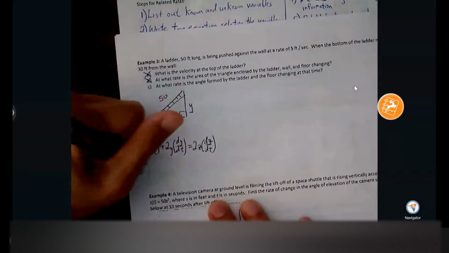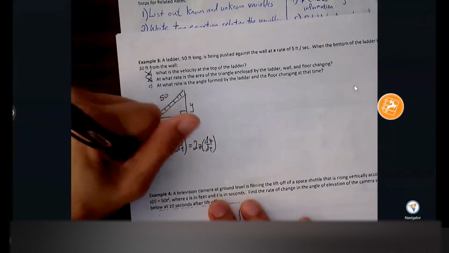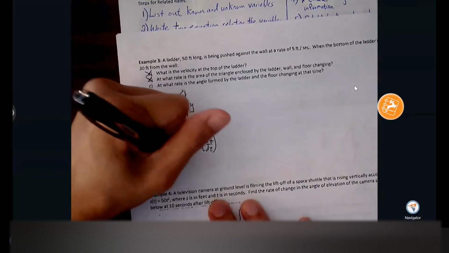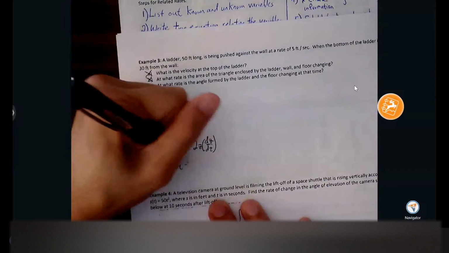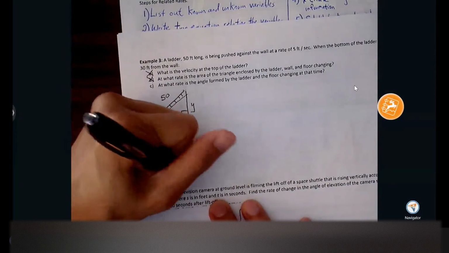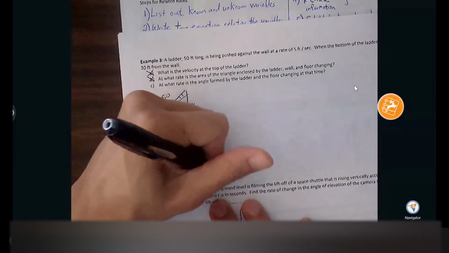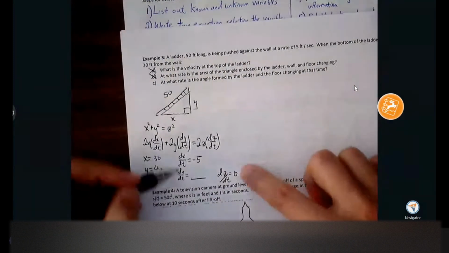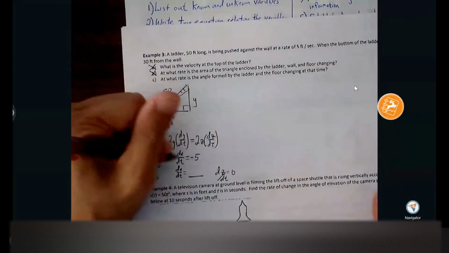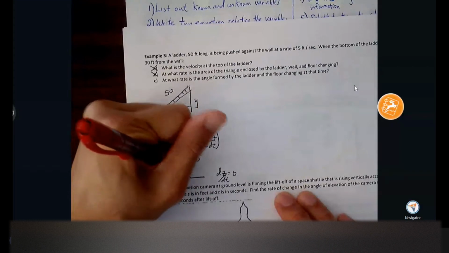We list out all the information that the problem gives us. dx/dt is -5. dy/dt is unknown. And then dc/dt is 0. Okay, we plug all this in. We solve for dy/dt. I'm skipping all the steps here, but it ends up giving us positive 3.75.